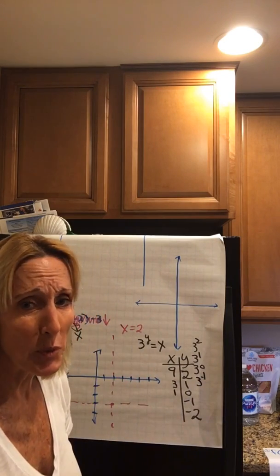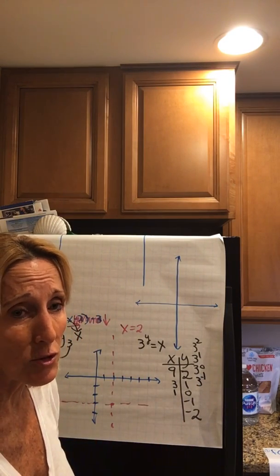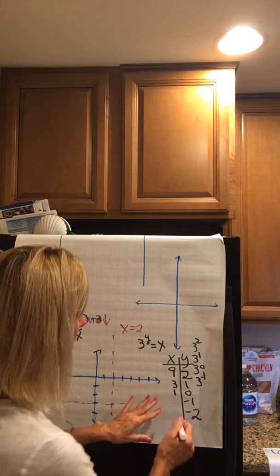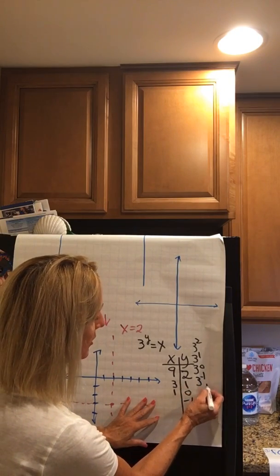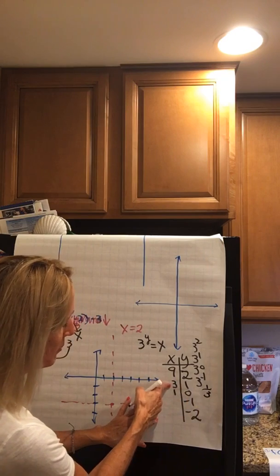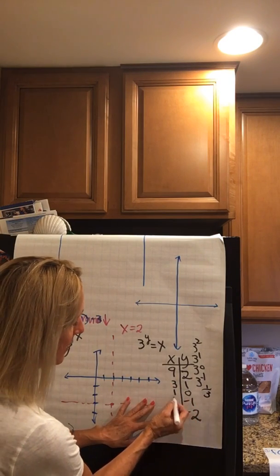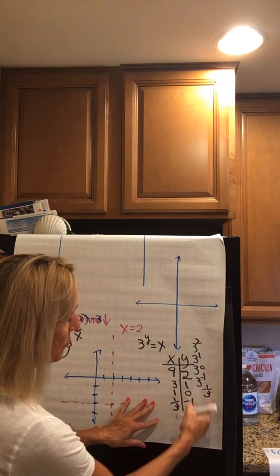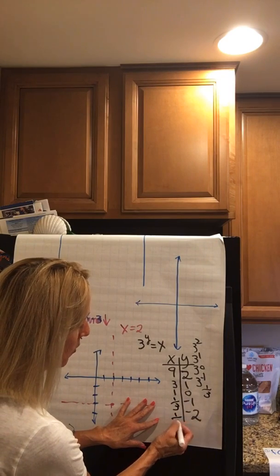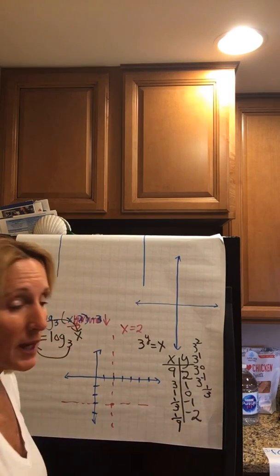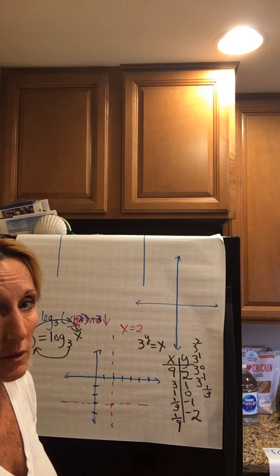If you put it in your calculator, it'll give you the answer too, but it'll probably give it to you in decimal. So 3 to the -1, you can flip it, or just take the reciprocal of that. That's 1/3. 3 to the -2 would be 1/9. And that's the point you're going to graph with.